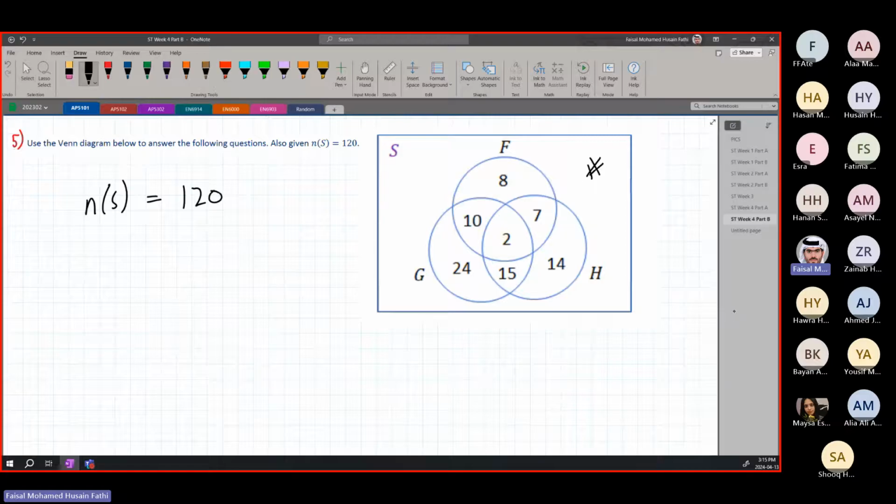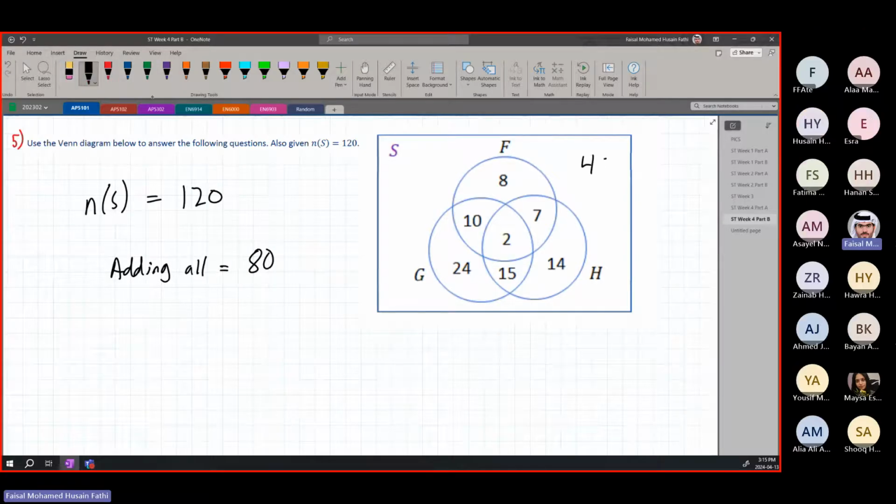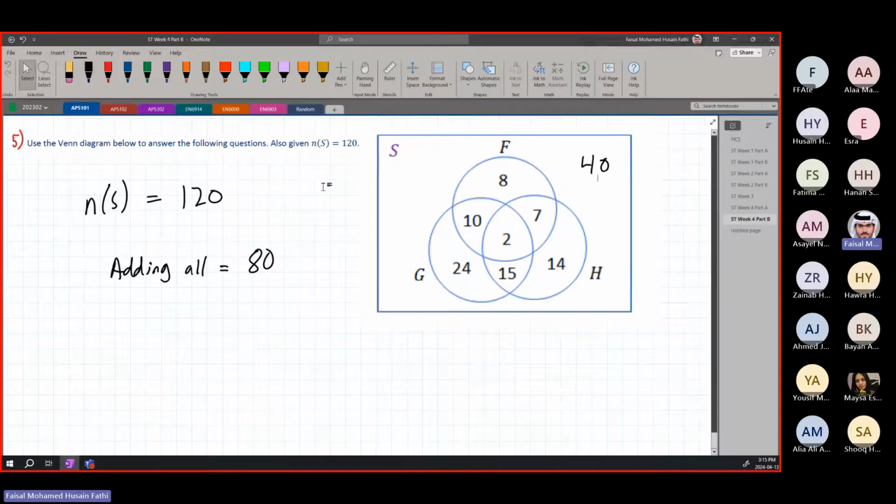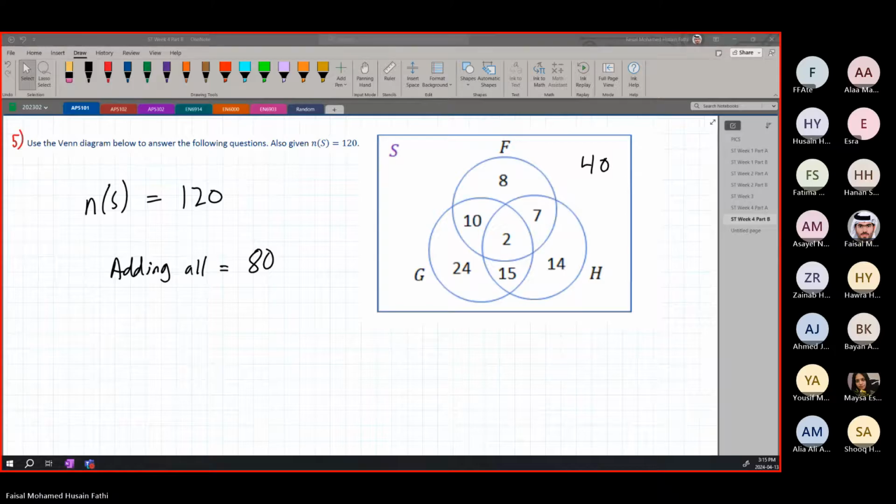When we're adding all of these up, the total will be equal to 80. So what does this show us? This shows us that there's a number 40 outside as well. This isn't a part of the question. This is just how you should analyze it. So 40 is outside. Now, let's look at the questions they're asking about this.